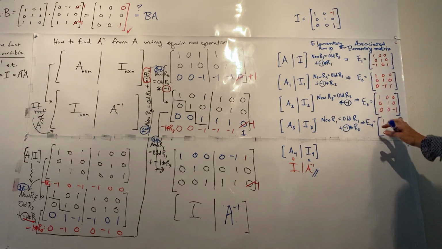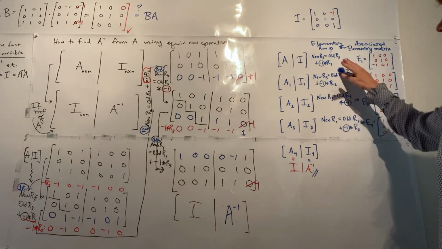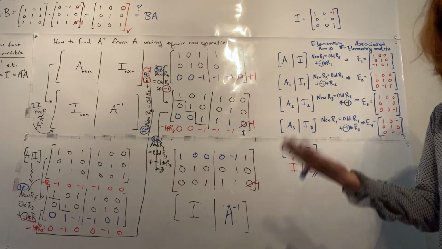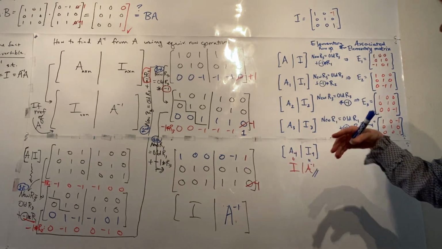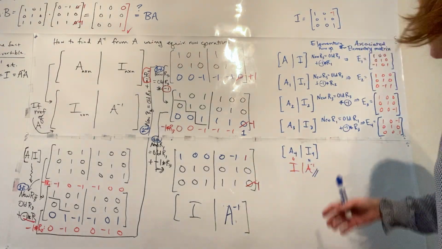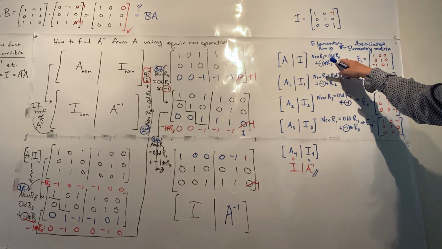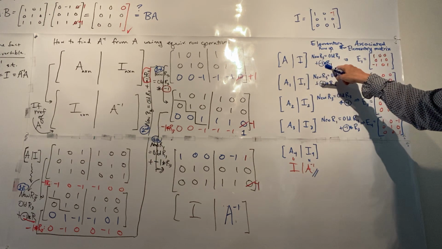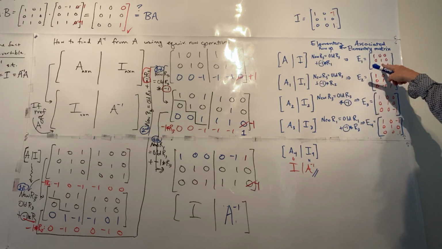It turns out, if you think about it, every one of these row operations that we're doing here, we could reverse it. Each of these is, we could say, invertible. It has an opposite operation. Like, what would be the opposite of creating a new row 3 by taking the old row 3 and adding a negative 1 times row 1 to it? What would turn this back into an identity matrix?